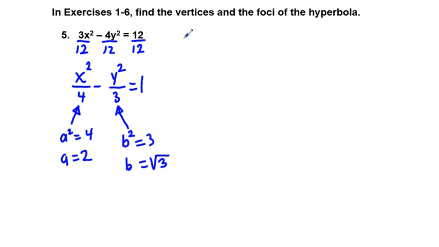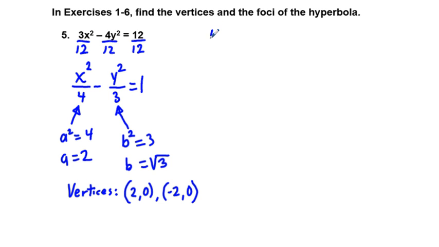Well, first we can just write the vertices: 2, 0, comma, negative 2, 0. And we know these are going to be along the x-axis since the x squared term is the first one before subtracting.